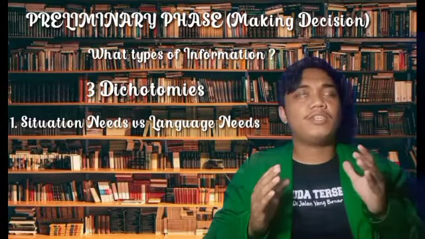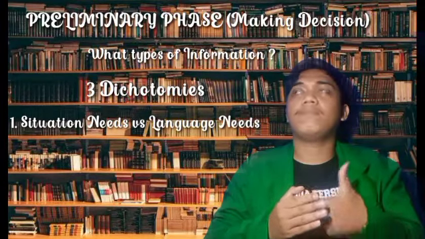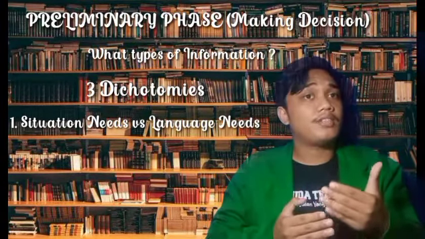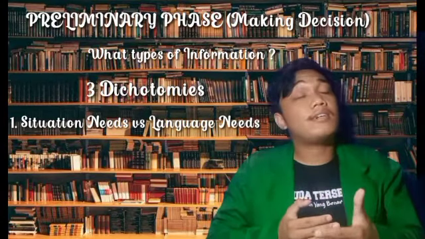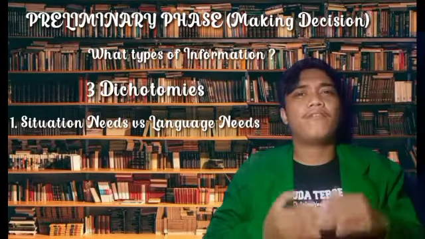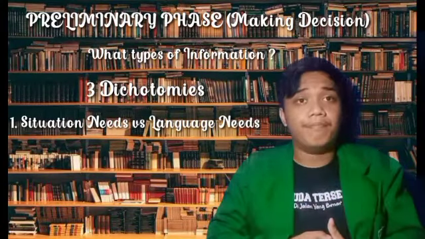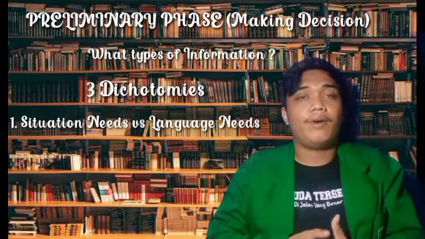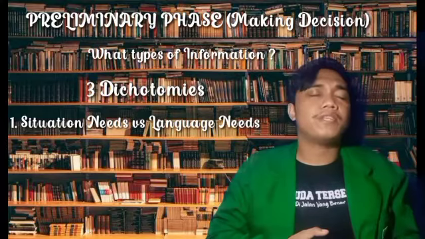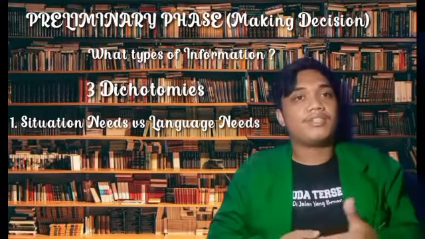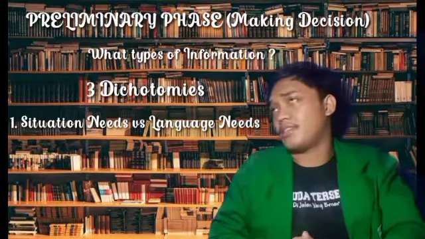Situation needs normally refer to administrative, financial, logistical, manpower, pedagogic, cultural, personal, or other factors that may have an impact on the program, while language needs refer to the language competence of students, reasons for studying English, their current abilities, and so on.